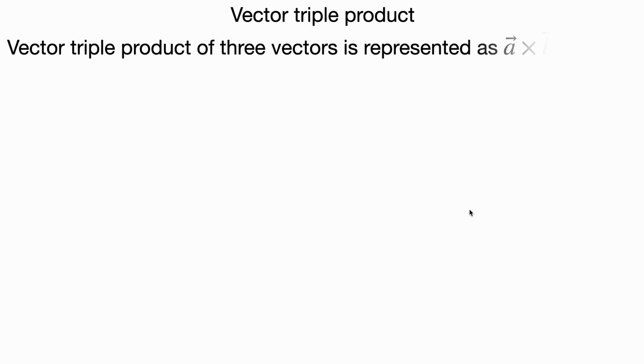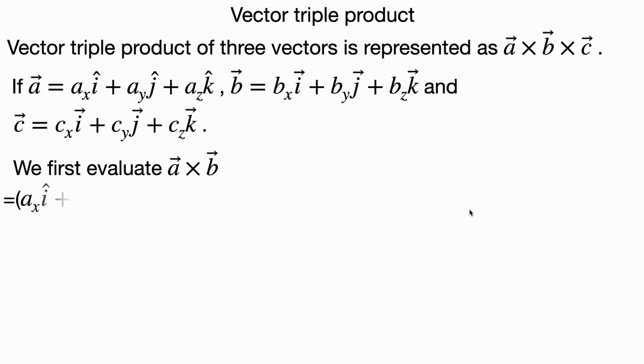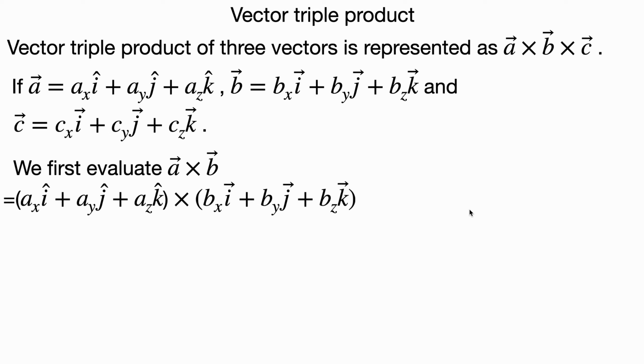Now let's discuss the vector triple product. Vector triple product of three vectors is vector A cross vector B cross vector C. This vector triple product for the three vectors a, b and c is evaluated by evaluating first the cross product of vector a and vector b, and we can also find the cross product of vector b and vector c in the first step, but here I am just finding the cross product of vector a and vector b.